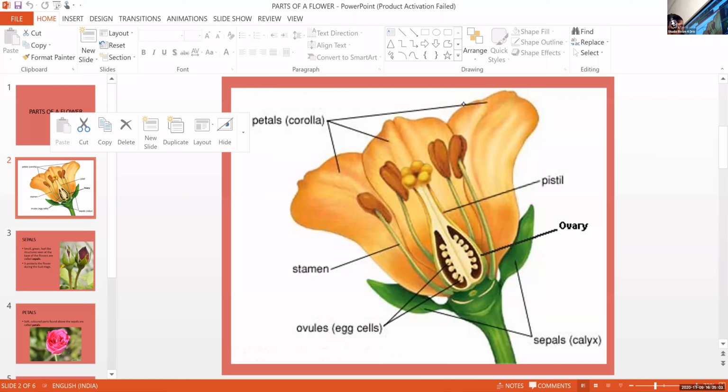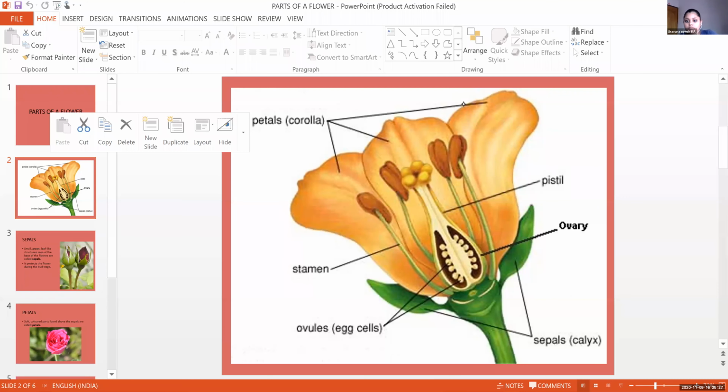Now, Risa, please look at this picture. Can you see the stamen and the pistil? Yes, ma'am. In the center you have something similar to the inside of a lemon or an apple, right? That is the ovary. On top you can see the stigma, and the stalk-like or thread-like structure is called the style.